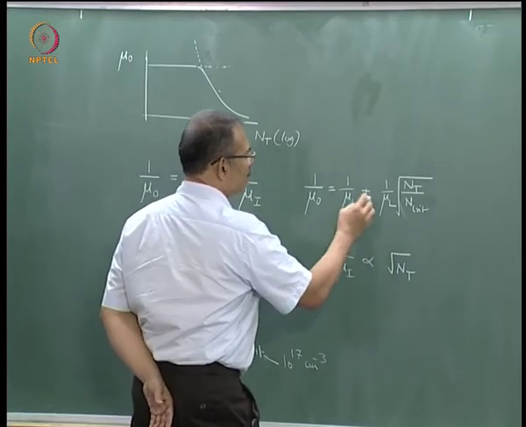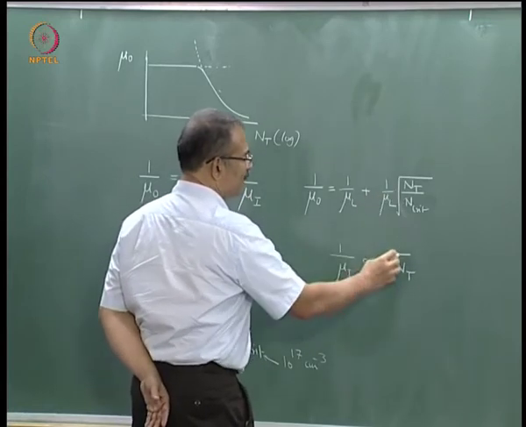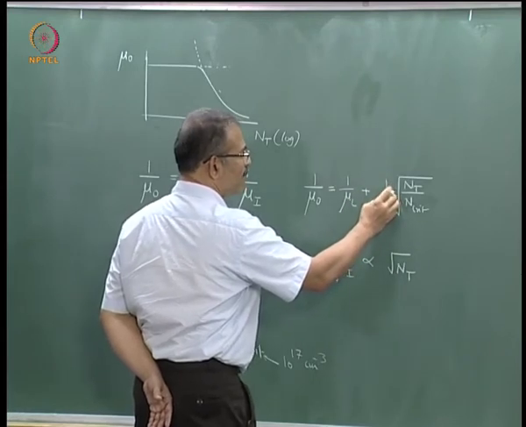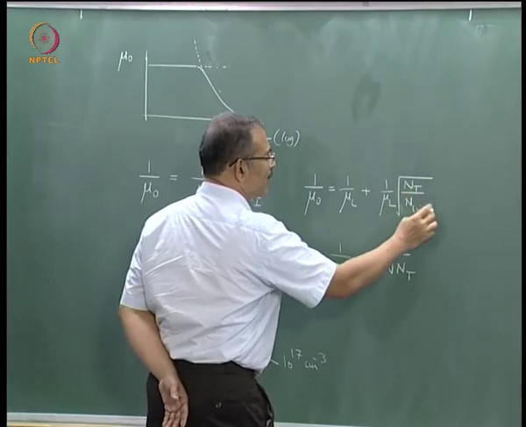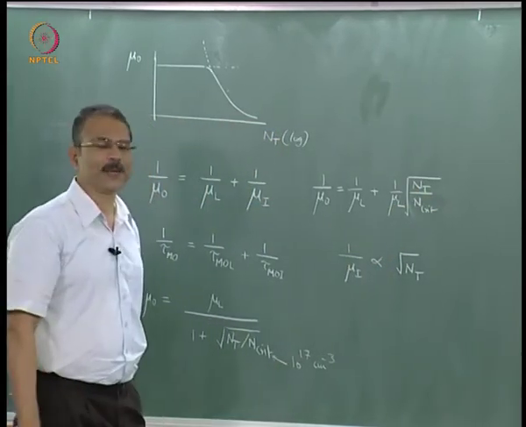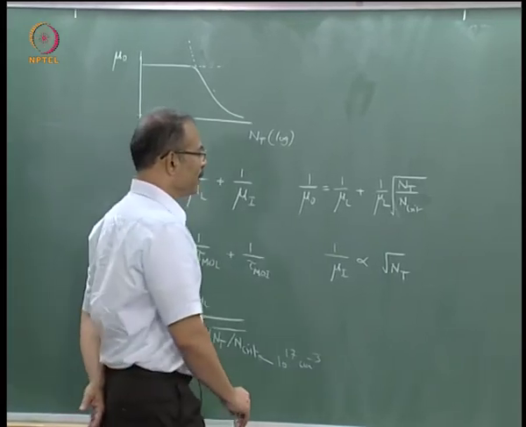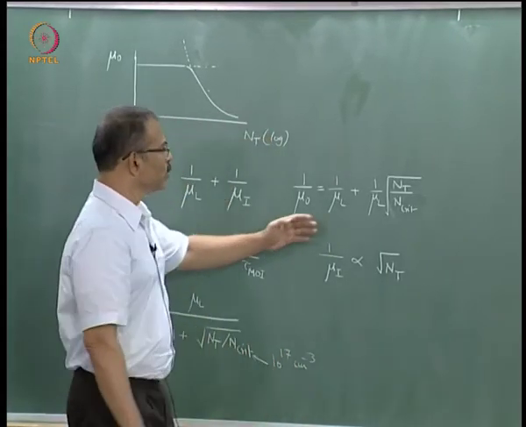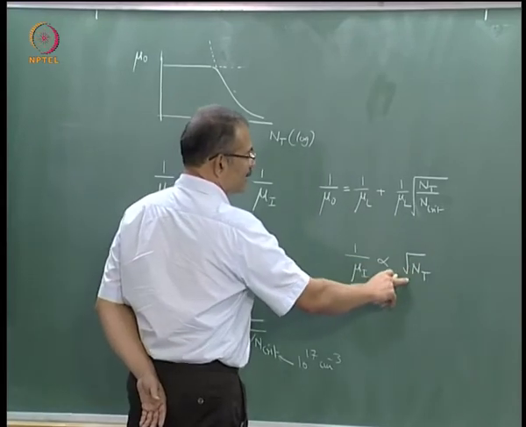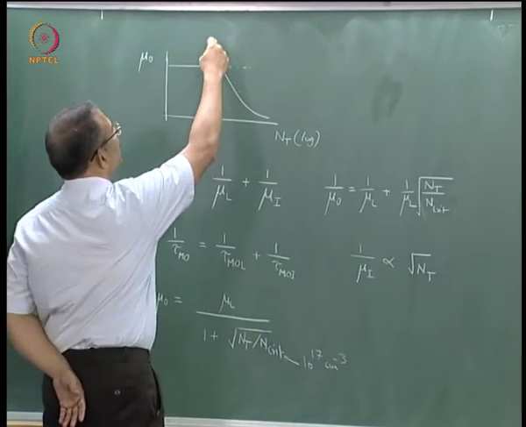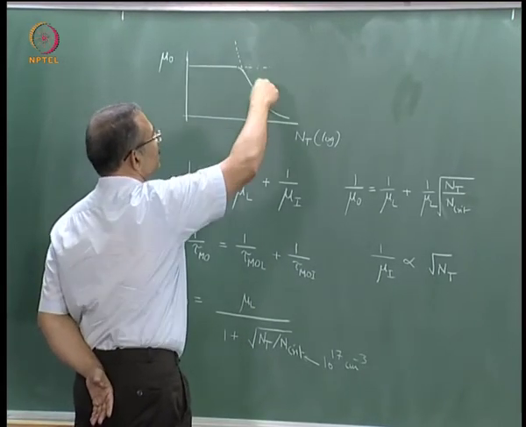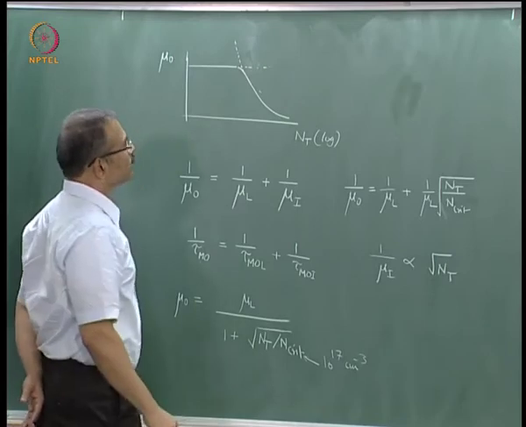Now that is where the proportionality has been achieved by using the mu L itself in the coefficient and then choosing an appropriate doping so that the behavior matches what you derive from quantum mechanics. Okay? So that is how one gets this relation. Now how do you get a relation like square root? So you see here that your mobility is falling and this part of the curve is 1 by square root, right?